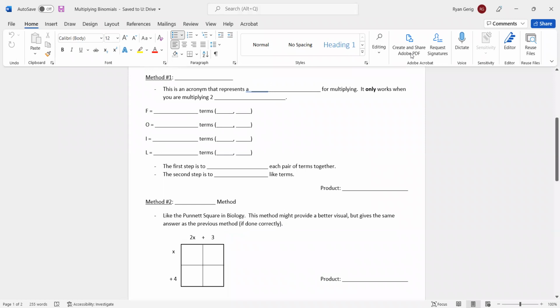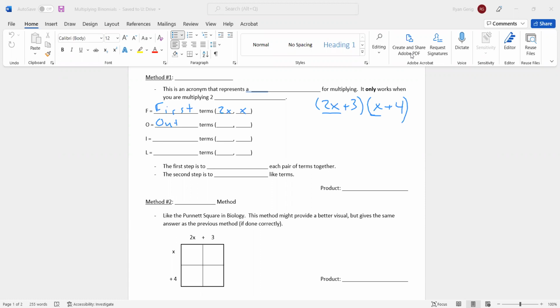F stands for the first terms in your binomials. So I know I've scrolled, so I'm going to rewrite the 2 binomials here. So 2x plus 3, x plus 4. If I'm looking at these 2 binomials, the first terms in each binomial are 2x and x. The O stands for the outer terms.